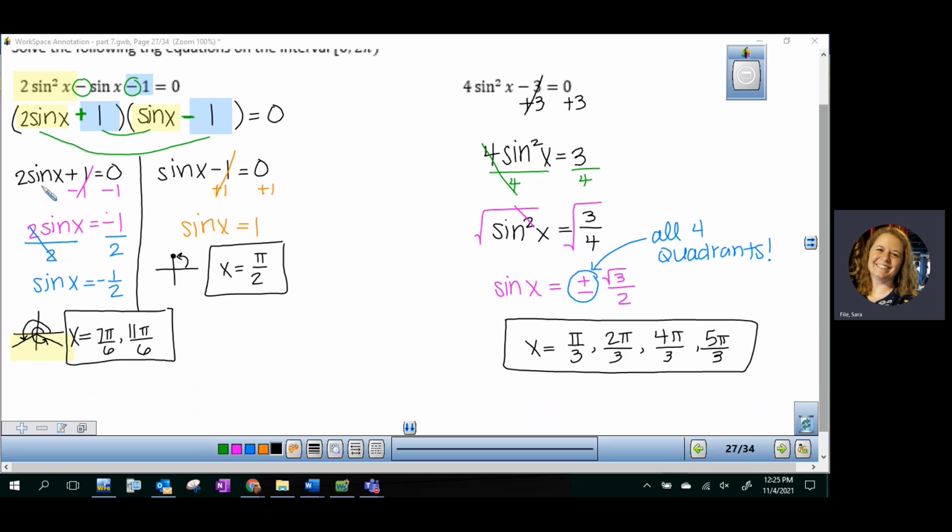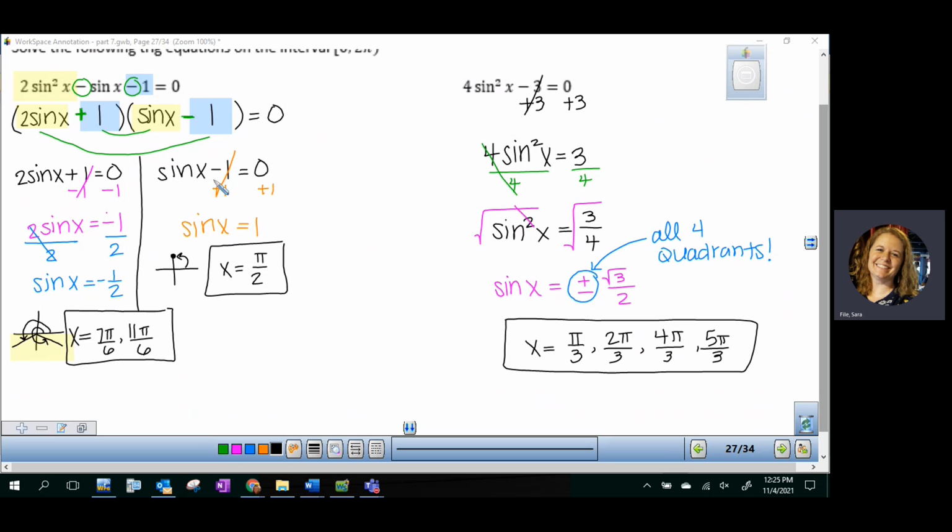So when I solve 2 sine of x plus 1 equals 0, subtract the 1, divide by 2. So sine is -1/2. Sine is 1/2 at the pi/6 reference angle, and sine is negative in quadrants 3 and 4. So it's the pi/6 angle from quadrants 3 and 4.